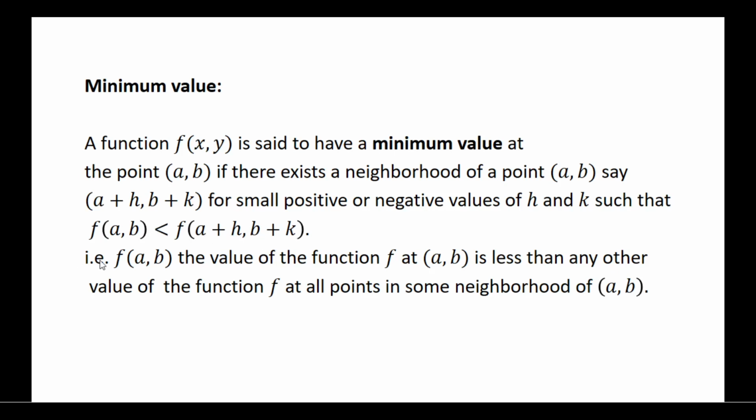That is, the value of the function f at a comma b is less than any other value of the function f at all the points in some neighborhood of a comma b.